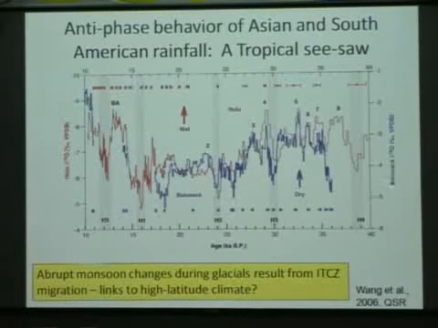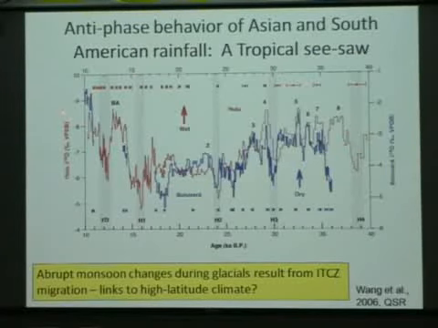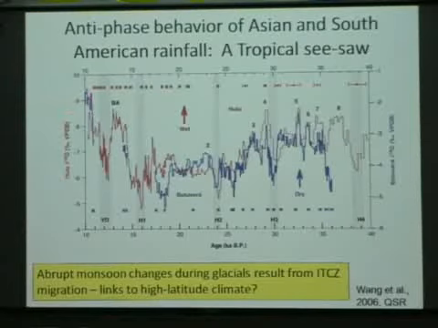plotted with a record from Botuverá Cave in Brazil, actually. And what you'll notice here is that these two axes are opposite from one another. So when we have wet conditions in China, shown here in red, we are actually characterized by drier conditions in Brazil, and vice versa.